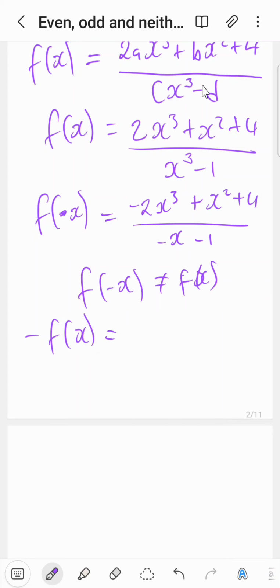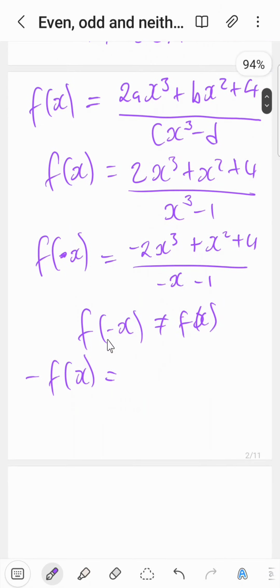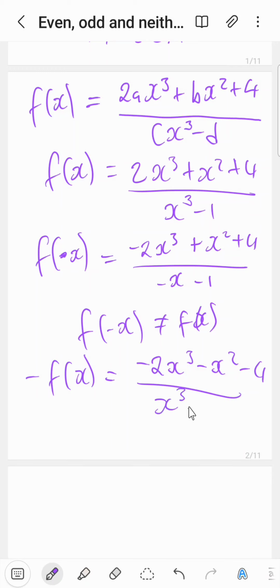So when you multiply the entire function with a negative, you're going to have negative 2x to the power 3 minus x squared minus 4 over x to the power 3 plus 1. So you know that our f of negative x is not equal to negative f of x. Therefore, this function is neither odd nor even.